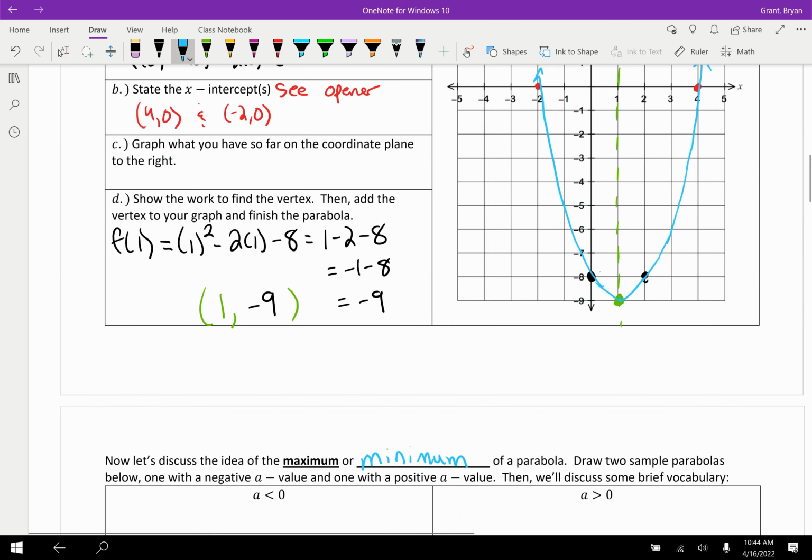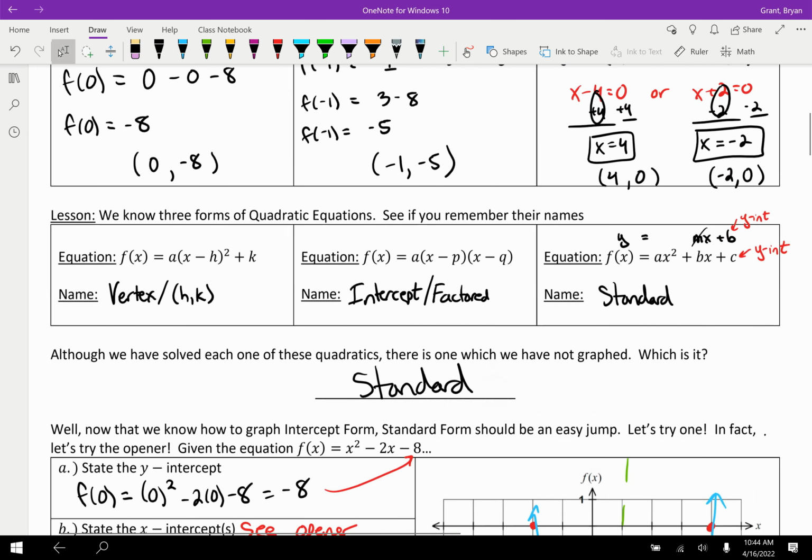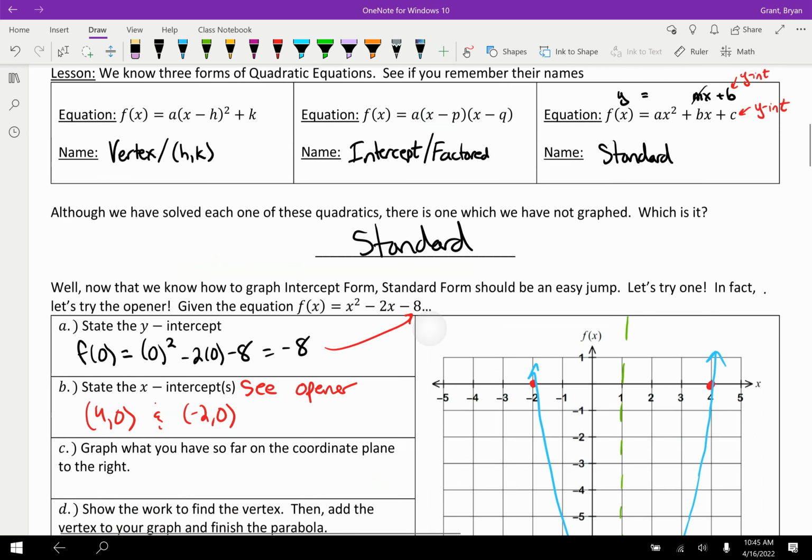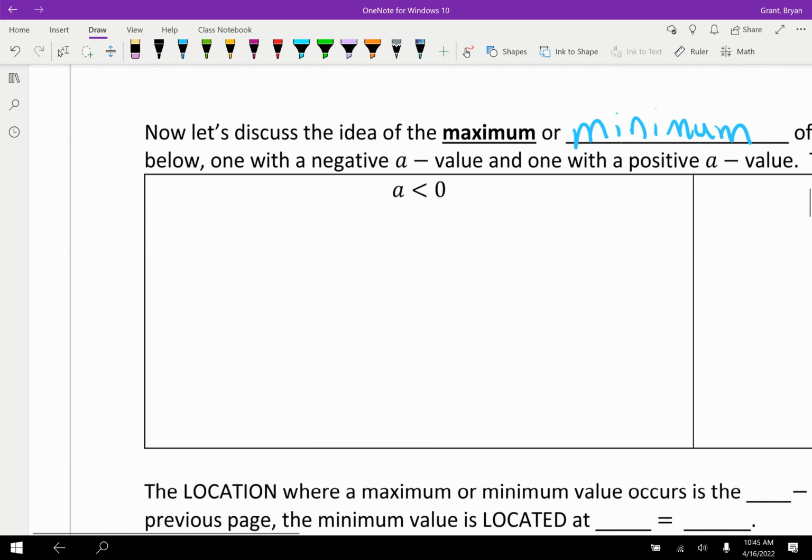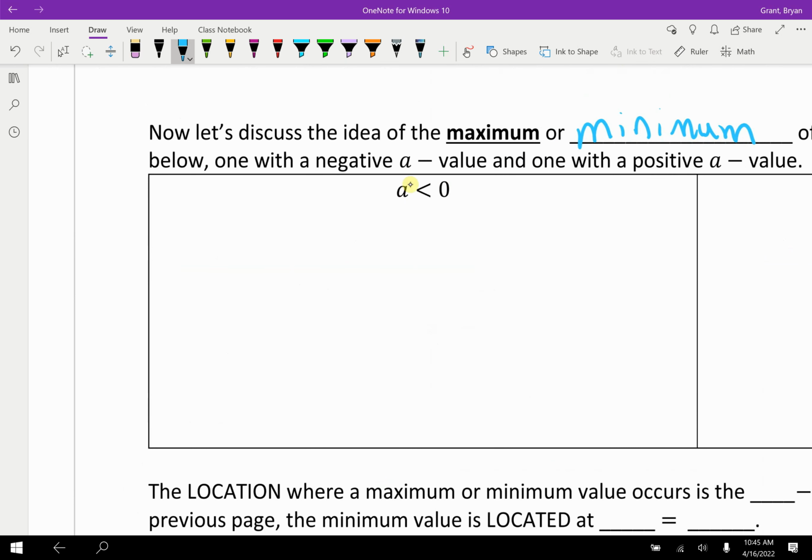And remember that a value, just demoing back on the front here, is the number that's out front. It affects how steep or how shallow the parabola gets. It's not the slope, but it controls the slope of the parabola at every point. And we should know, like on this first one, if a is negative, a is less than 0, this means that our parabola is going to open down.